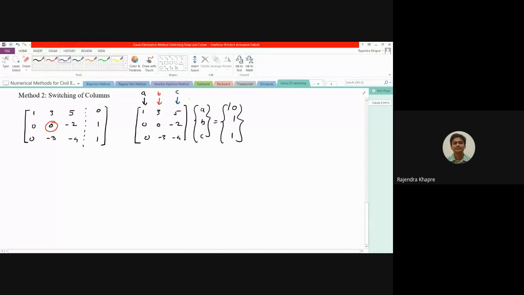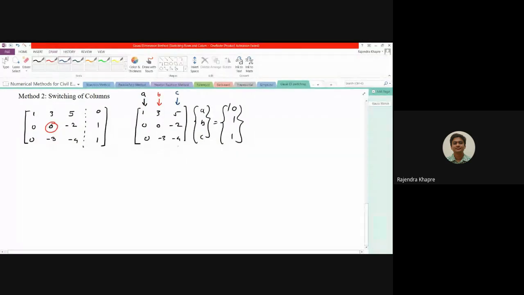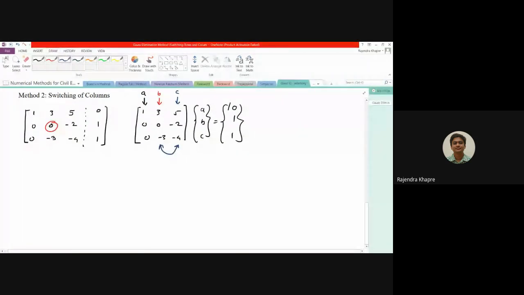If we interchange the columns, for example, b and c will also get interchanged. So let me write the exchanged values. I'm exchanging the b and c columns.